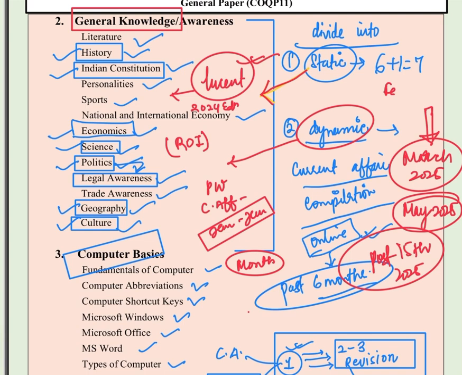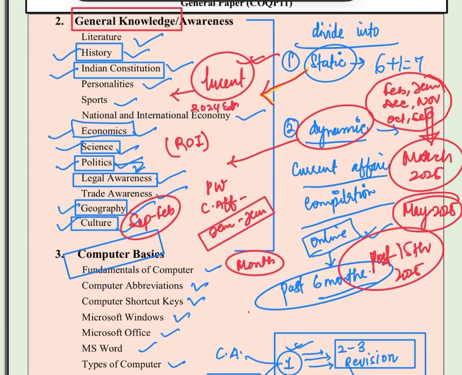So February, January, December, November, October, and September. So September to February, you should have the whole of current affairs. Obviously we are in December only, and the exam is in March. So obviously the current affairs will not be of these many months right now.